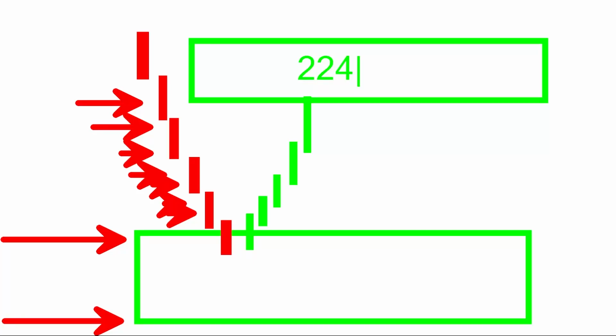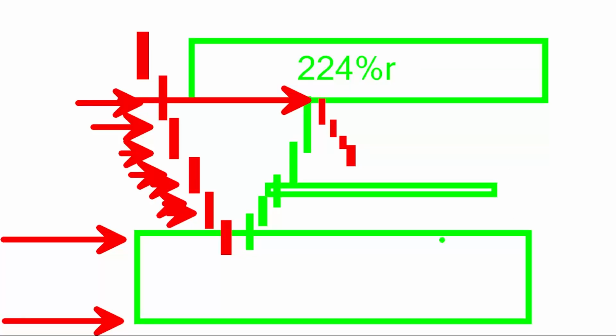Okay, guys, 224% right here. Price typically will fall. They take the liquidity from these guys. Unfortunately, we find a level down here somewhere on a smaller time frame. And the same process goes over and over and over until you decide that what you're doing is not working.